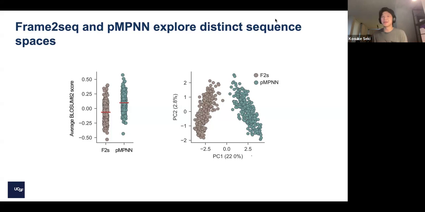So for example, sometimes frame-to-seq might prefer to substitute, let's say, a leucine with an alanine, while something like protein MPNN might decide that an alanine to a tryptophan mutation is more preferable. So they have slightly different biases, and I think that has to do with them being trained slightly differently and on slightly different data sets. And so they might have learned different things during that process. Perfect. Thank you. Yeah, of course.